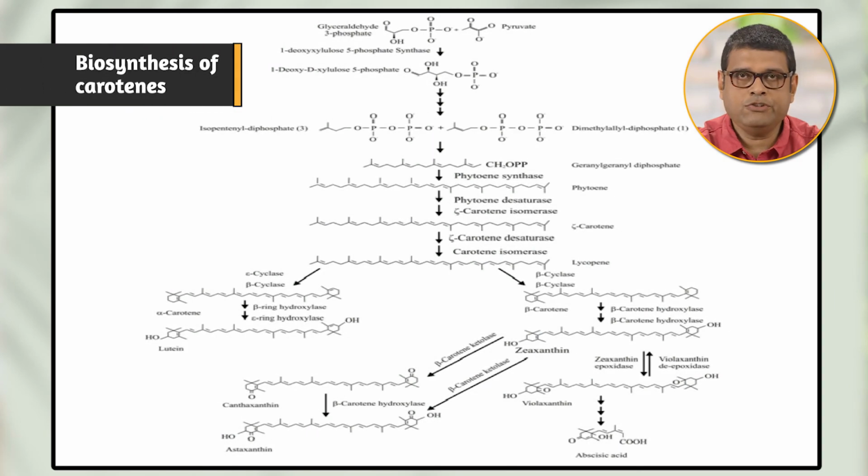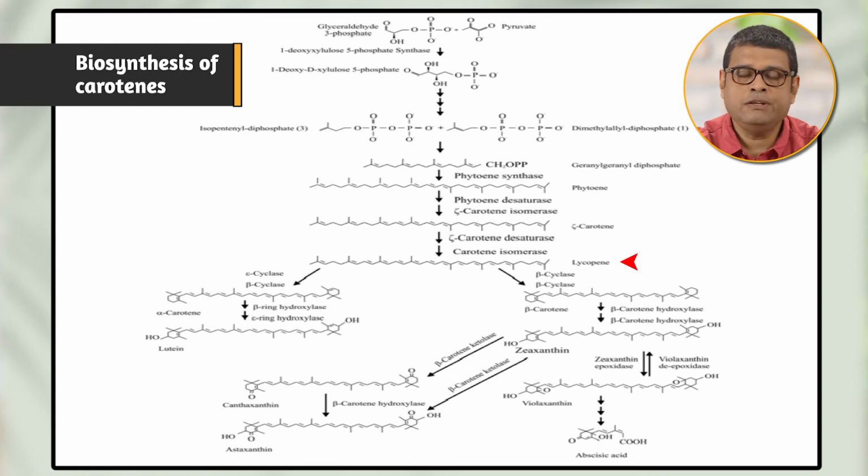The carotenoid biosynthesis starts from glyceraldehyde 3-phosphate, which produces deoxyxylulose 5-phosphate, and then gradually it will produce dimethylallyl diphosphate, geranyl diphosphate, phytoene, and then zeta carotene. Zeta carotene undergoes desaturation to produce lycopene, and then this lycopene will produce two types of pigment.